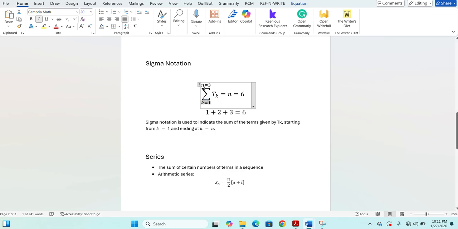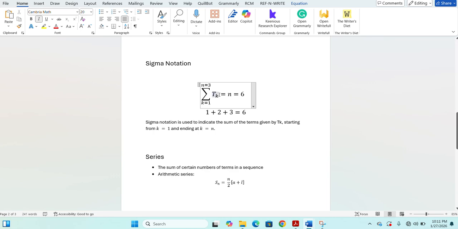So n equals 3 is our last term, so it means we're gonna start at 1, then we're gonna have 2, then we're gonna have 3, which is our last term. So tk represents the total of the sum of the sequence.